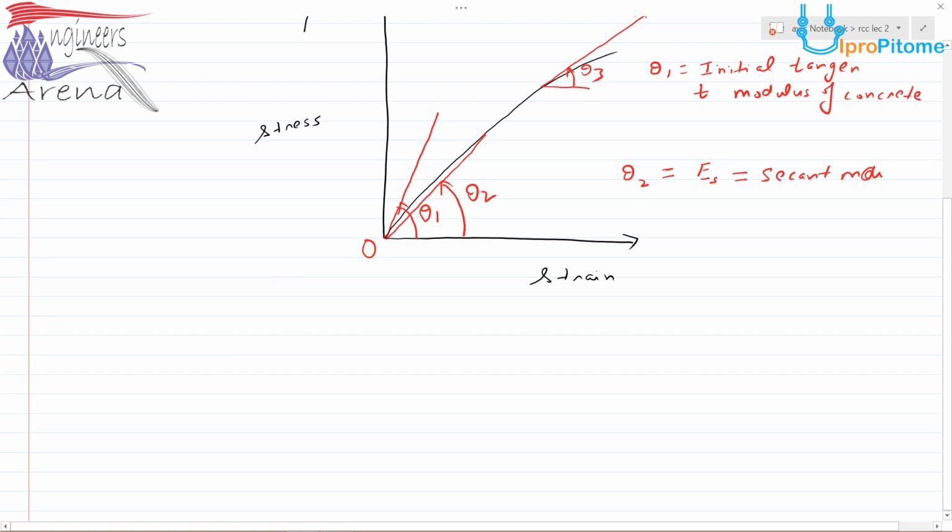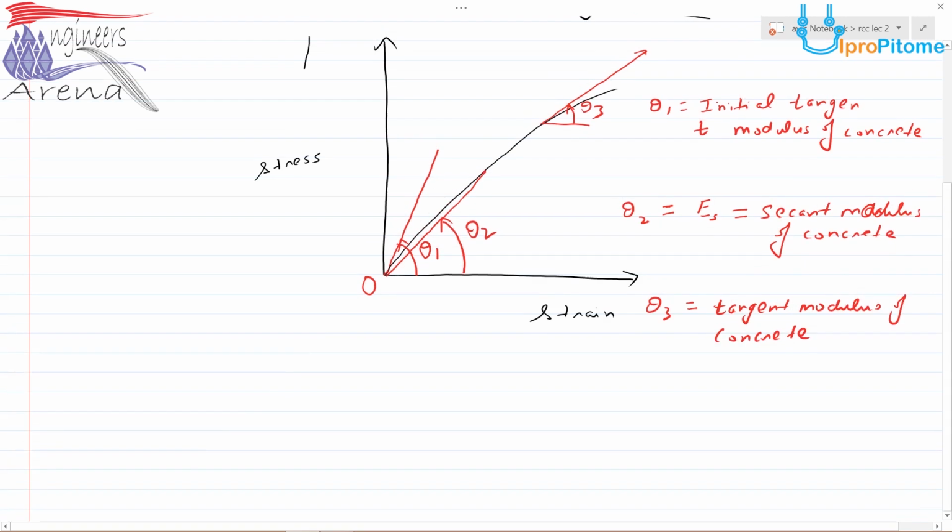It is the second modulus of concrete, the modulus of elasticity of concrete. And now theta3, what is theta3? Theta3 is the tangent modulus of concrete. These are the names.